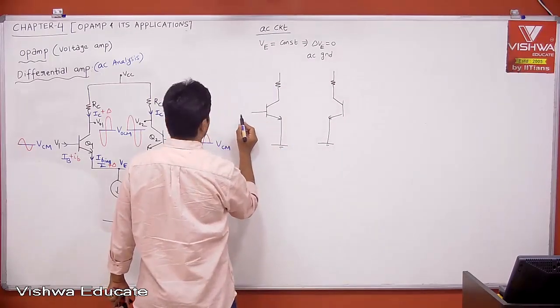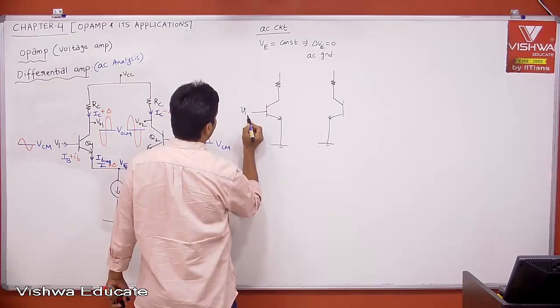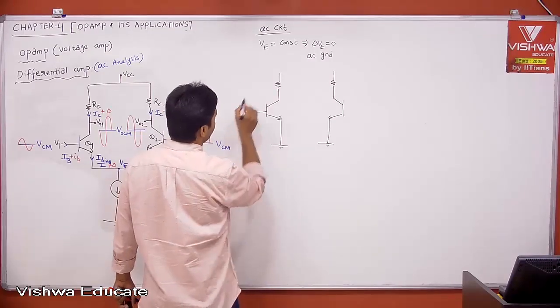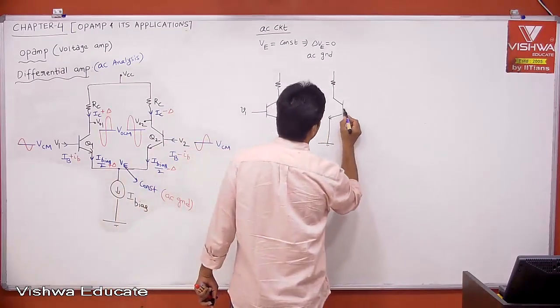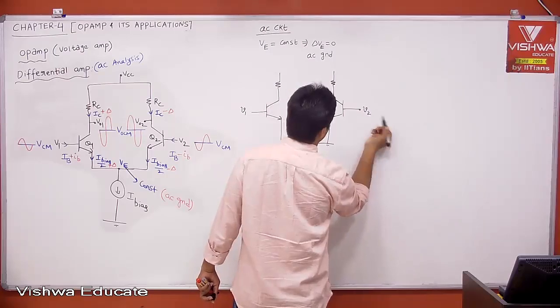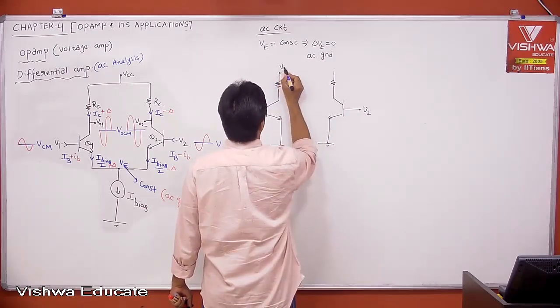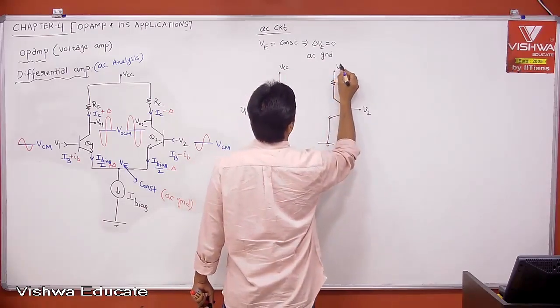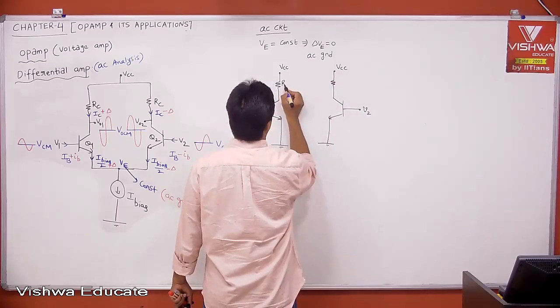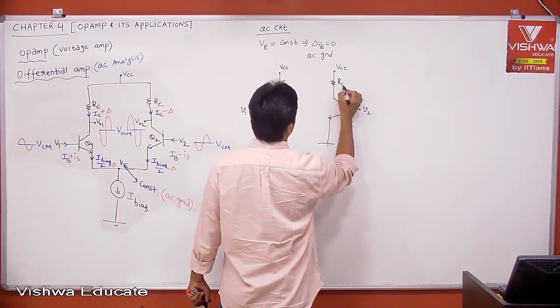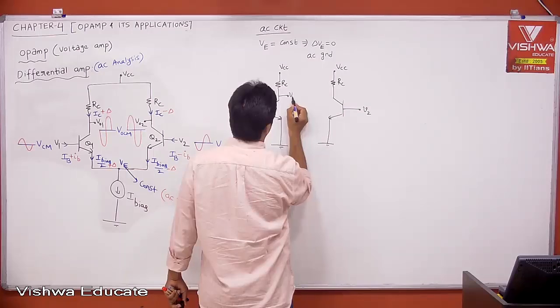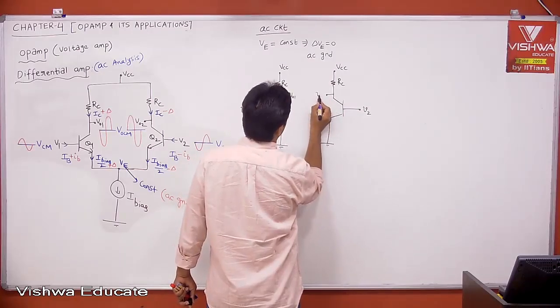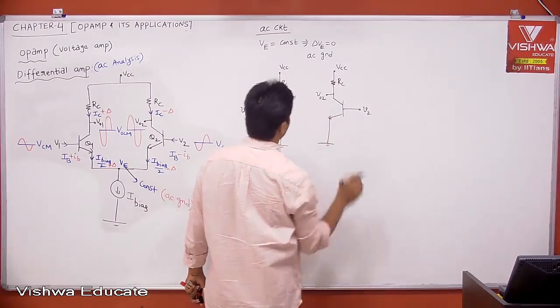Now I can say this is the V1, which is small v1. I am not showing the common mode voltage, because only AC signals we need to see, not the bias signals. And this is VCC, same VCC. This is RC. Now let's see small V01 and this is small V02.